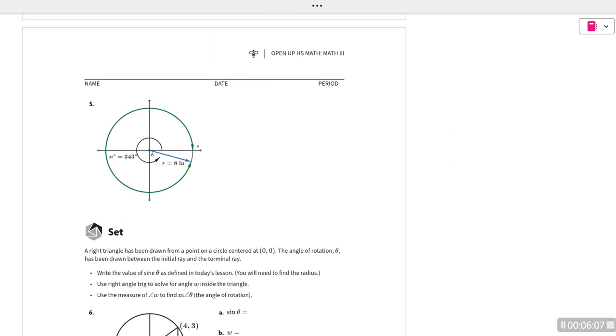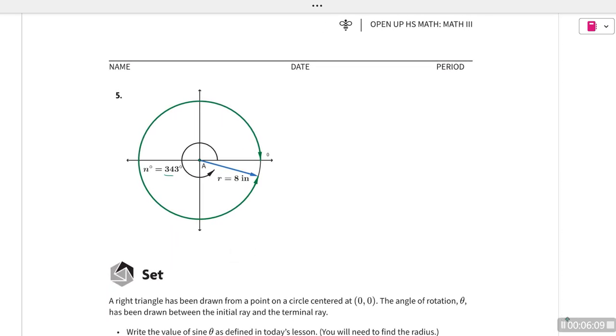And question 5. So it tells us that we're using 343 degrees out of this whole circle, out of this 360. So times 2 pi, and it tells us our radius is 8 inches. So 343 divided by 360. Those do not have a common factor, right? There are no common factors there, actually.